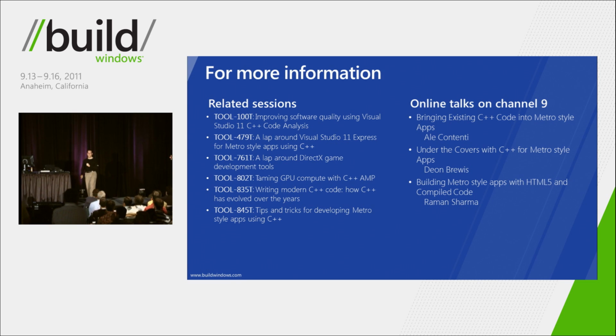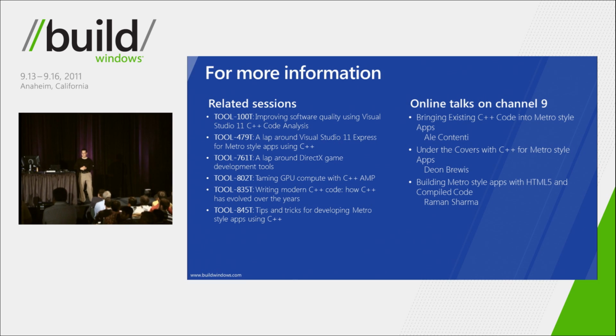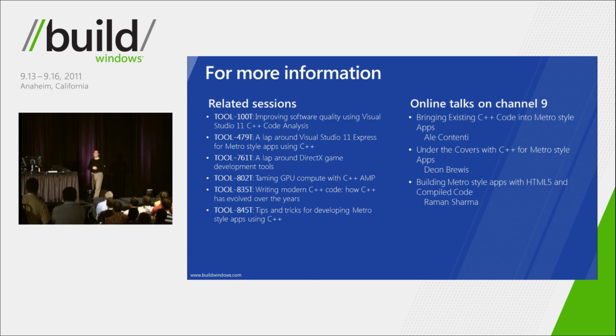Yes, sir? If we're over in the blue Win32 native silo, what will we have available to us? If you're over in the blue Win32 silo, you will have everything you could ever have imagined you had before. Everything continues to work. Plus, there are some new Win32 APIs, and the Windows team is the right people to ask about those. Obviously, a lot of the focus is on WinRT, and you can mix and match them.